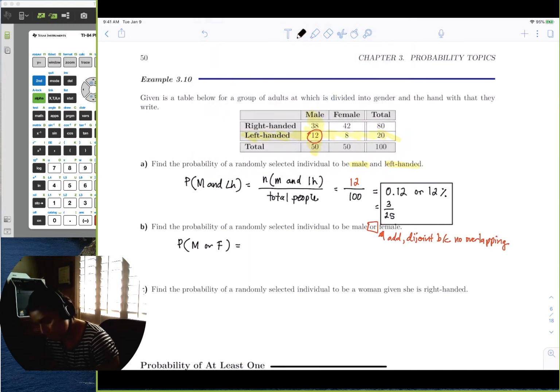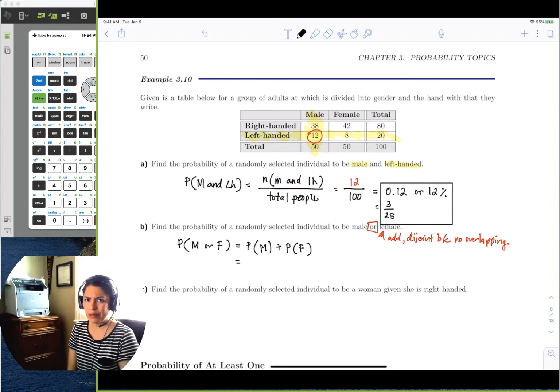Okay, so this would be the probability of being male plus the probability of being female. Well, you're like, well, the probability male or female, all I have are males and females. That's certain that no matter who I select, it's going to be male or female. I would agree. And I would say, yeah, it's certain, meaning this probability is probably going to be 1. And so let's see.